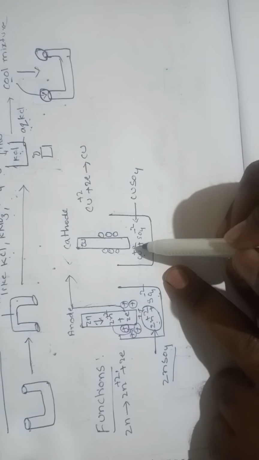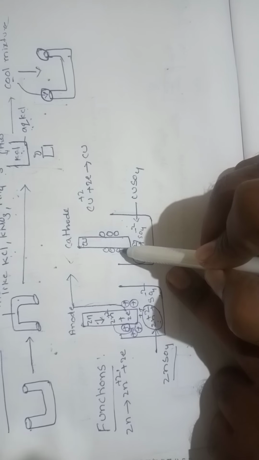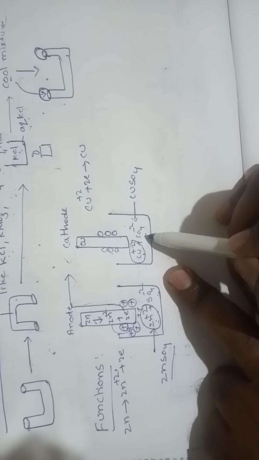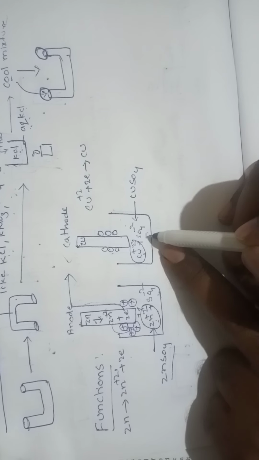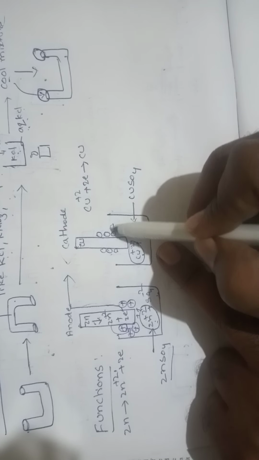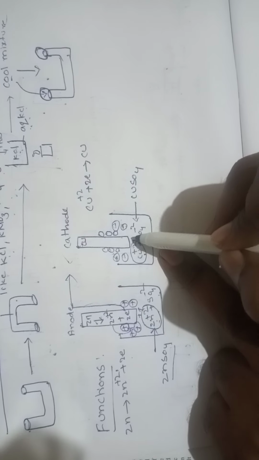Similarly, here, as cupric ions are converted into copper, the cupric ion concentration decreases and the sulfate ion concentration increases. Due to the increase in sulfate ion concentration, negative charge develops over the surface of the metal rod.